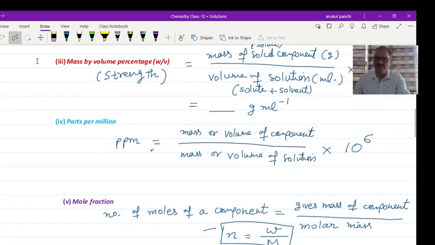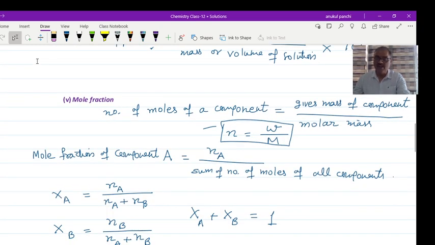Then comes mole fraction, fractions of moles. Yes, mass fraction is also there. If in mole fraction we replace mole by mass, that will become mass fraction. Very simple. For the component whose mass fraction is required, the mass of that component upon the sum of masses of all the components simply becomes the mass fraction.